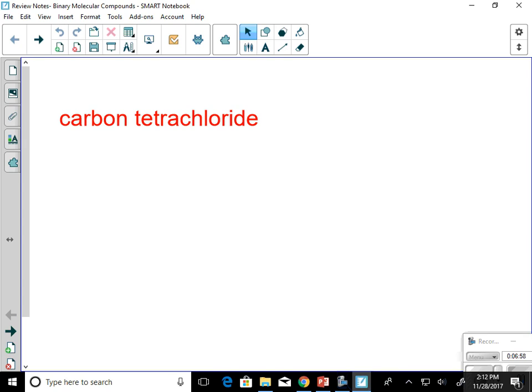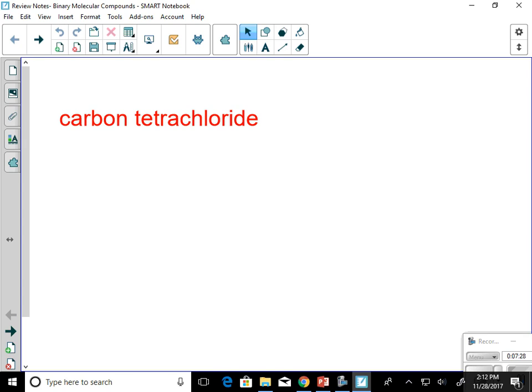The first one is carbon tetrachloride. Now, I know, based on my rules, that carbon is the least electronegative. Chloride is more electronegative. So, how many carbons do I have here? What is my prefix? There is none.